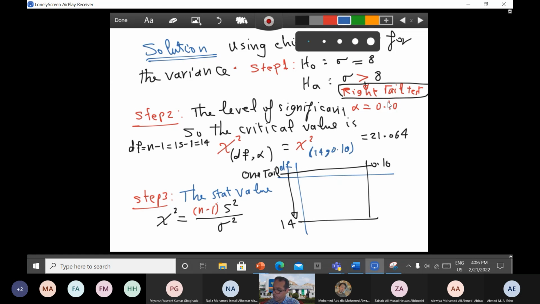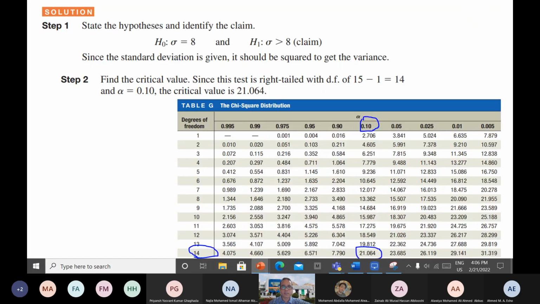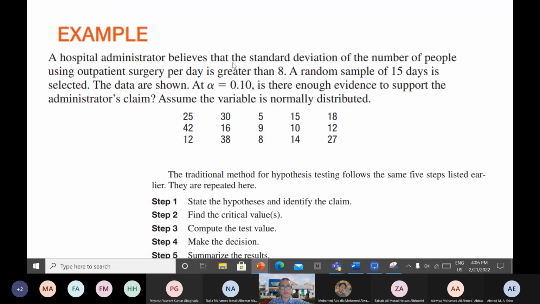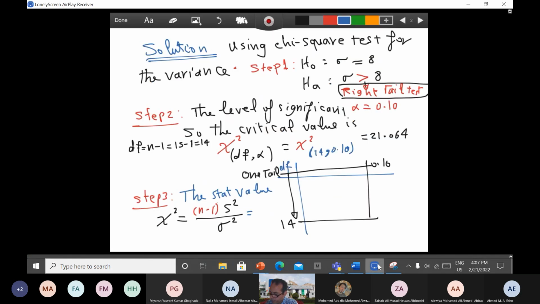I know the variance of the population is given. Yes, it is given, but it gives you the standard deviation, equal to what? 8, right? So this is the standard deviation, so I have to square it. So it is n minus 1, n is 15 minus 1, times s square over 8 square. But how can I get s square?